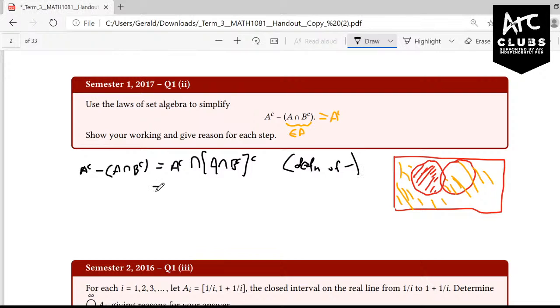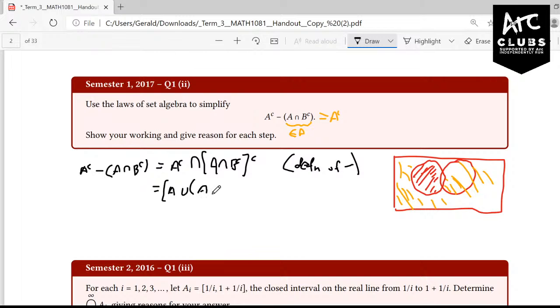Okay, so from here, we have a complement and a complement, so we can use the other version of De Morgan's law to simplify this a little bit. So this will become A union, so the intersection and the union should flip, and then you take the complement to the outside.